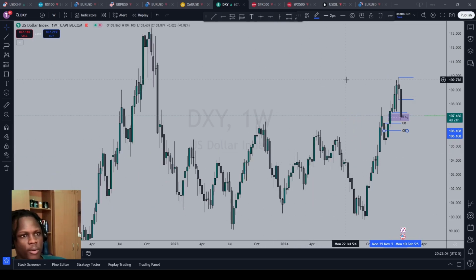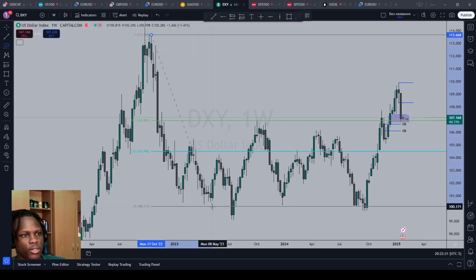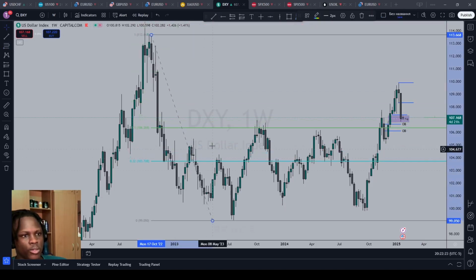But for now, as you can see, the market is in a higher premium, from this high to this low. The market is probably overbought, it's in a premium.